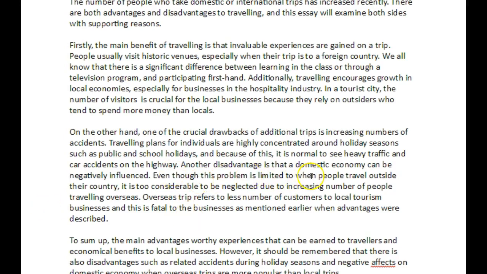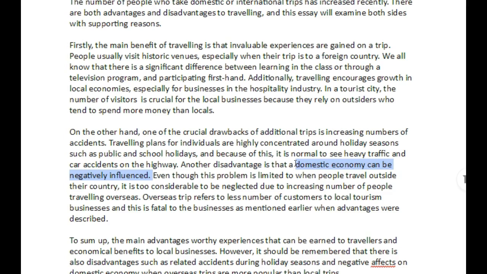Even though this problem is limited to when people travel outside their country, but what is that? What is the negative influence on the domestic economy? Do you mean that people are spending their money outside the country instead of at home? So countries with low levels of tourism export people and money.